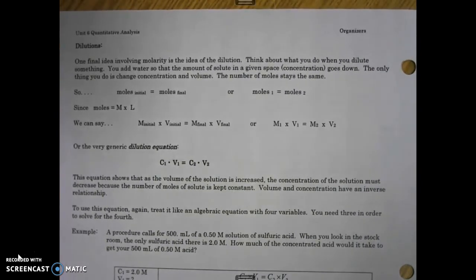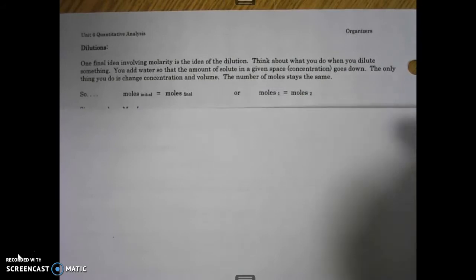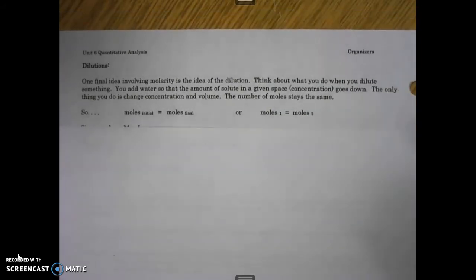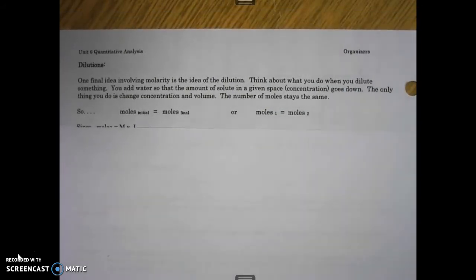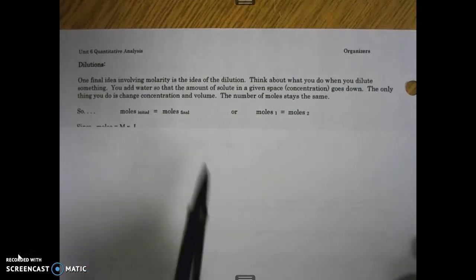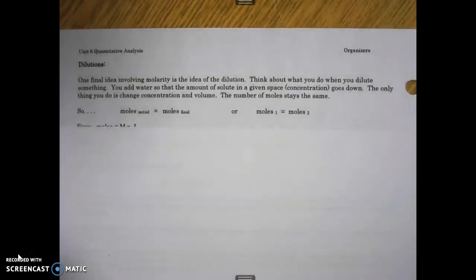Okay, so what I want you to think about, and I'm going to cover some stuff up first. When you do a dilution, what are you doing? You're adding water. So I'm increasing the volume of the solution by adding water, which means I'm decreasing the concentration. I'm dividing by a bigger number, so molarity is going down.